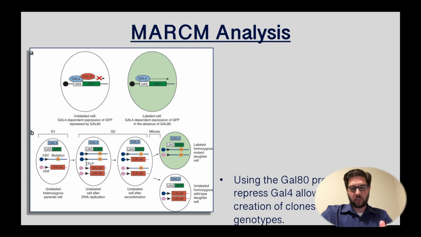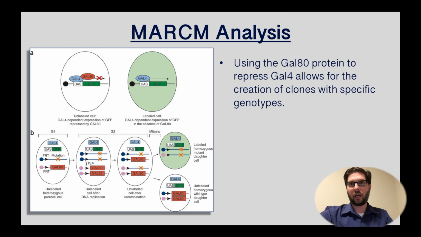Another genetic technique heavily utilized in the study of human disease is called the MARCM technique. And this also utilizes the GAL4 protein, but it also uses a second protein, which is called GAL80, which is also from yeast. And GAL80 essentially shuts down GAL4 whenever they are co-expressed. When they're both in the same tissue, GAL80 wins.